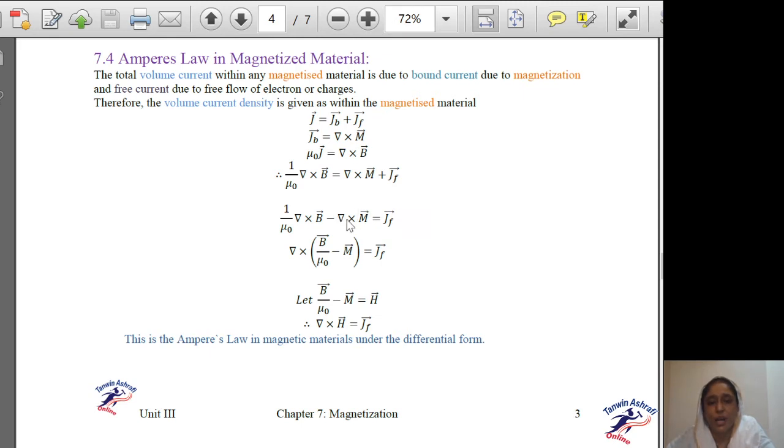If we take del cross as a common term outside, we get del cross of B by mu naught minus M equal to J_f. Now let this term be known as H. That gives del cross H is equal to J_f. And this is Ampere's law in magnetic material in differential form, where H is known as the auxiliary field.